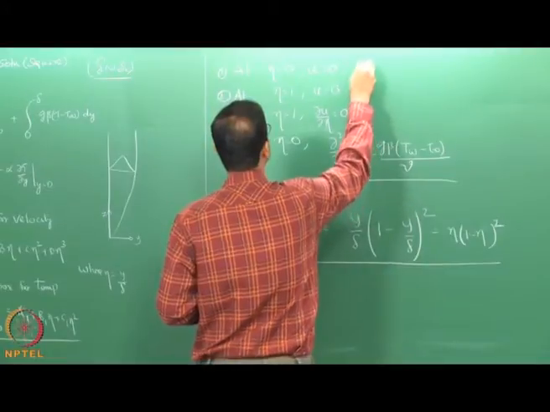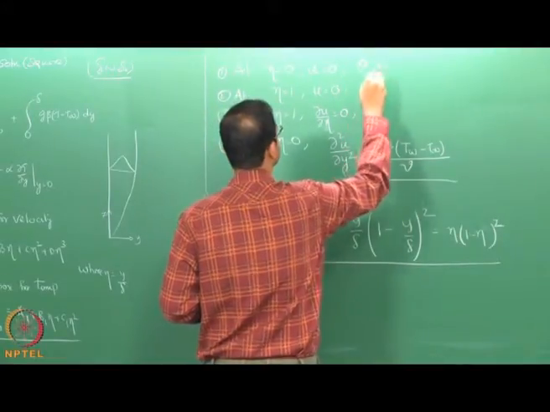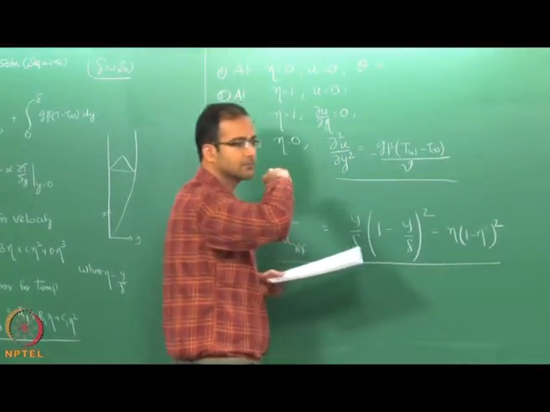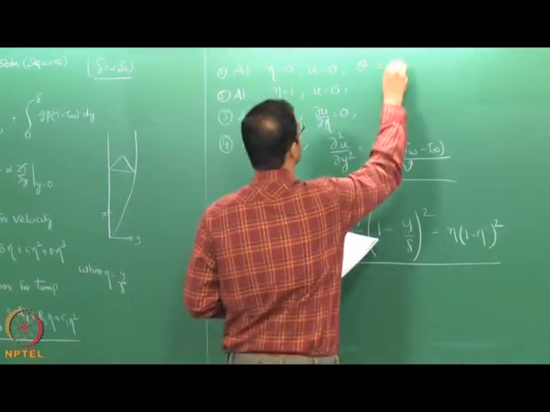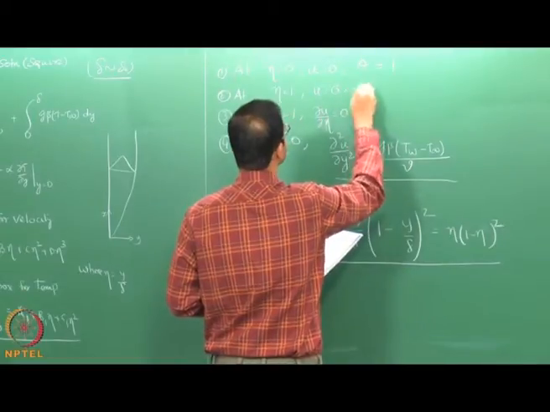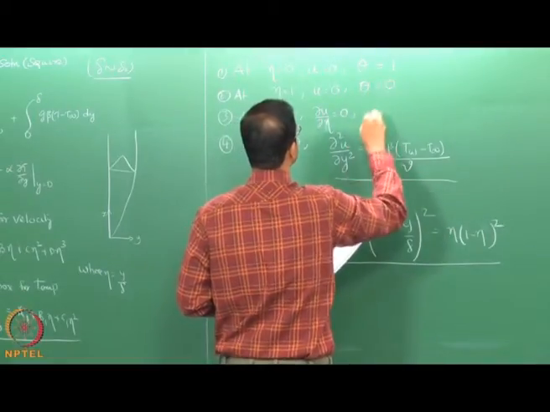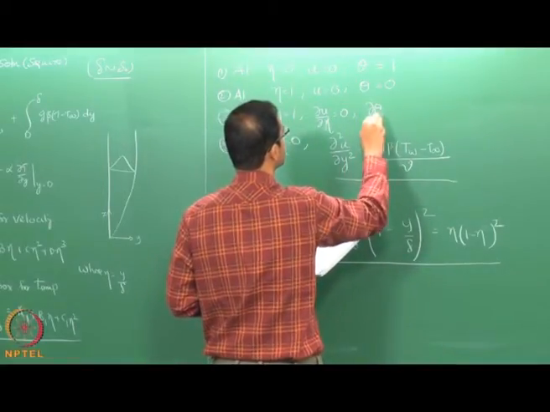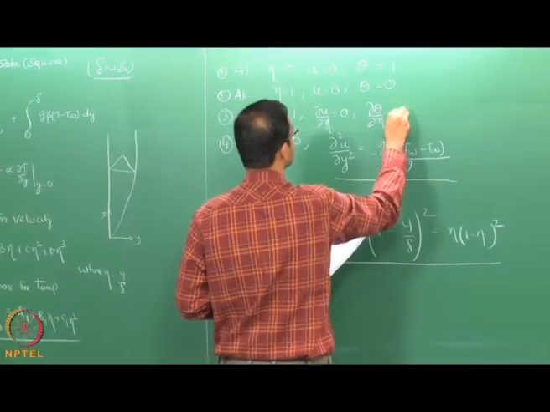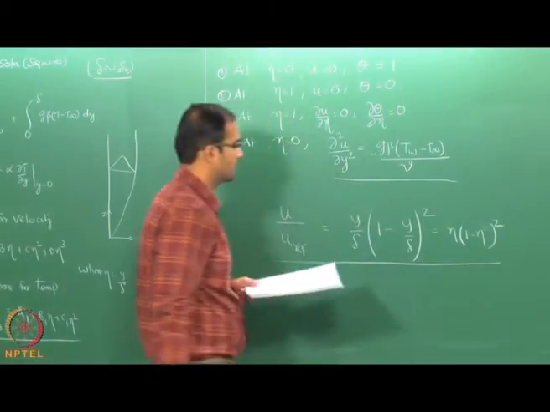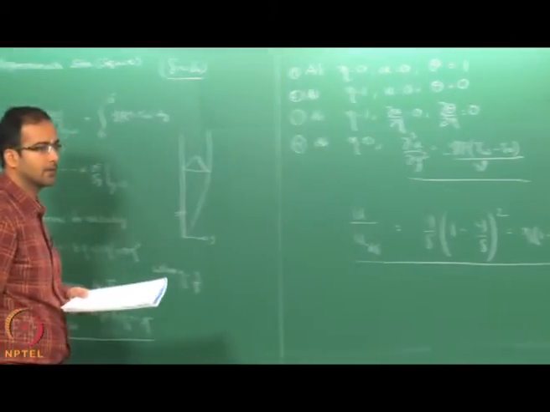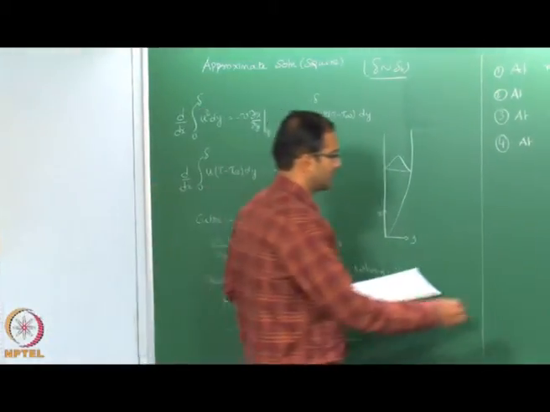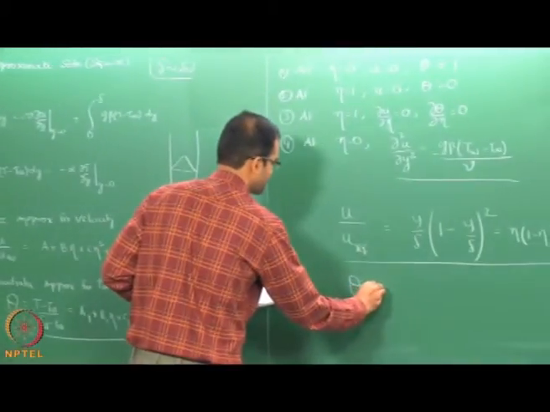So, at eta equal to 0, what is your value of theta? 1, and at eta equal to 1, theta equal to 0, and then the third boundary condition, d theta by d eta, 0. So, apply these 3 conditions quickly and find out the temperature profile in terms of theta.